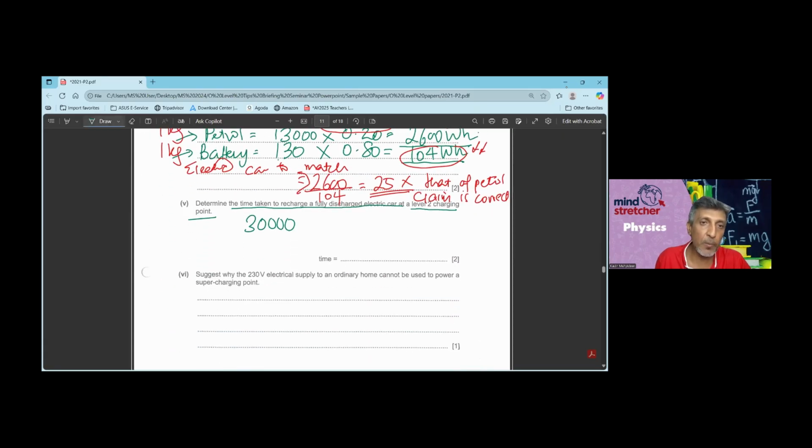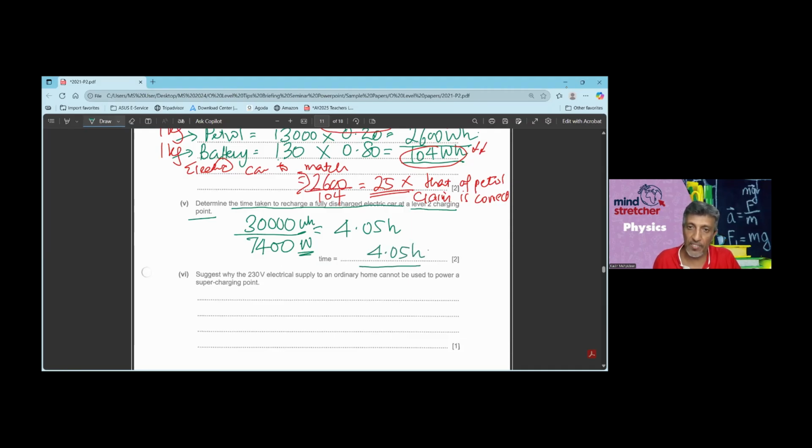Guys, don't forget it's 7.4 kilowatt. This is watt hour, and this is watt, so I change it to watt. So 4.05 hours.